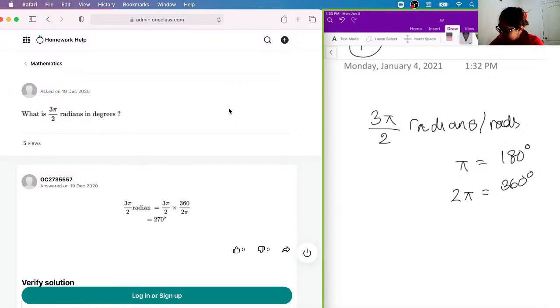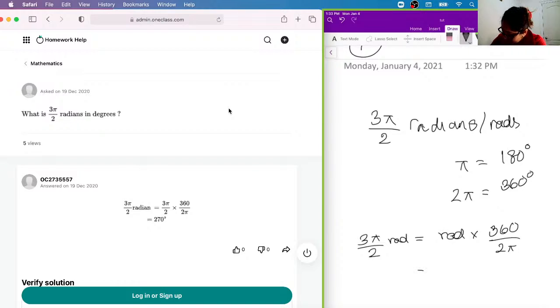And so the conversion would be, if you're going from 3 pi over 2 radians, this is going to be equal to your radians times the given degree you want to get, so 360 over 2 pi, right?